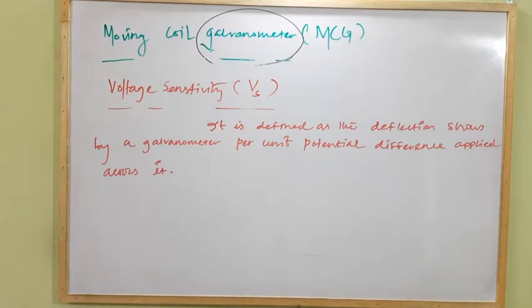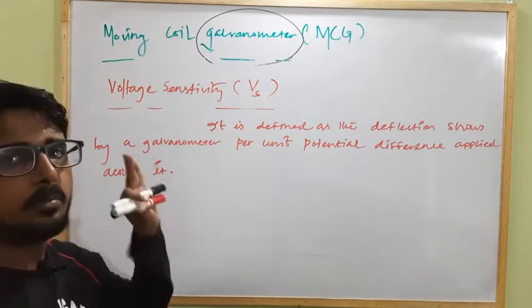This is known as voltage sensitivity of a galvanometer.